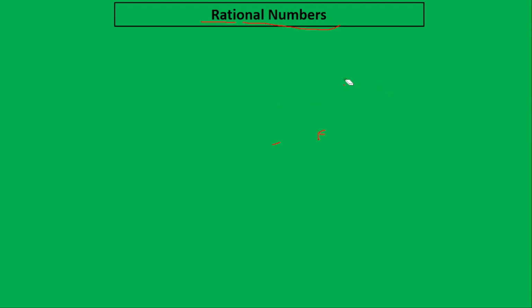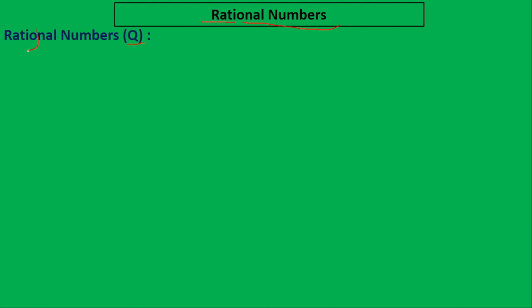Now from here on we will move further. So this was the classification, to refresh what we are going to do. Now rational number is represented by Q symbol.